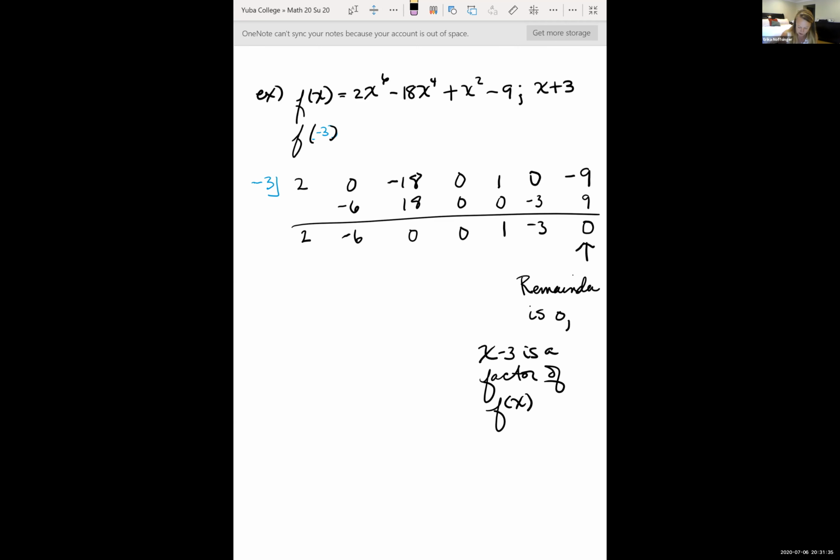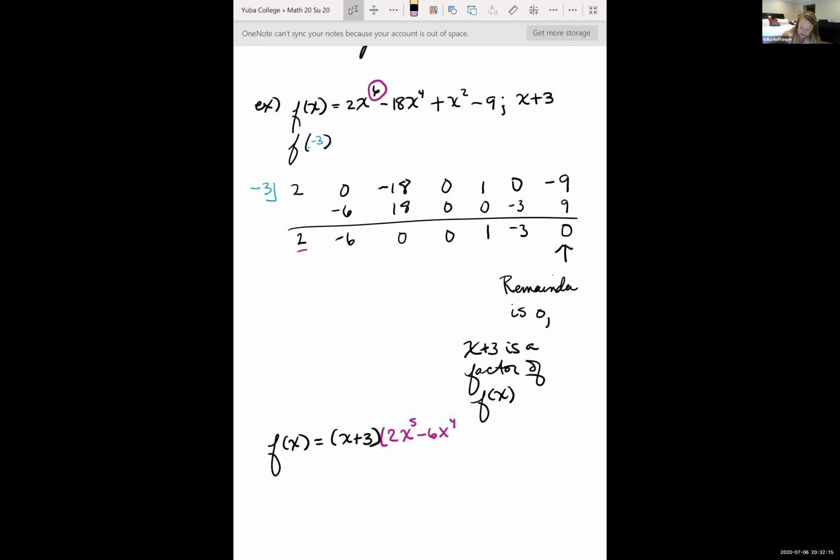And so right now we can rewrite f of x as x plus 3 times the quotient. We talked about these being the coefficients of our quotient, and it's 1 degree less than what we had started. So this is going to be 2x raised to the 5th power, so descending order of power, minus 6x to the 4th. I don't have an x cubed.